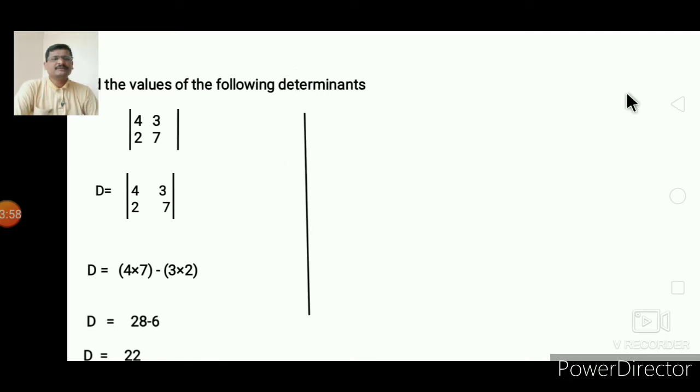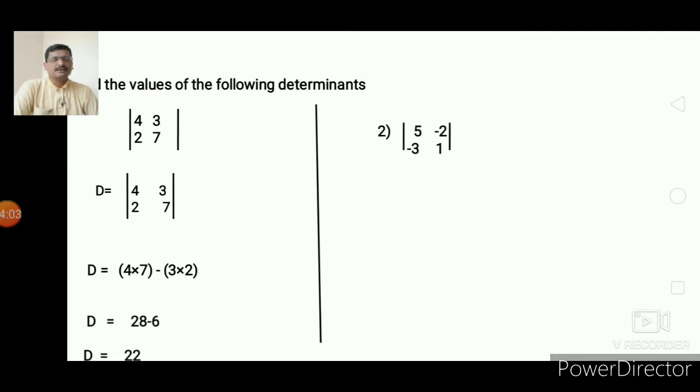Next example is 5, minus 2, minus 3, 1. In this determinant, the product of the first element of the first column into the second element of the second column, minus the product of the second element of the first column into the first element of the second column. Therefore, D is equal to 5 into 1 minus, inside the bracket, minus 3 into minus 2.